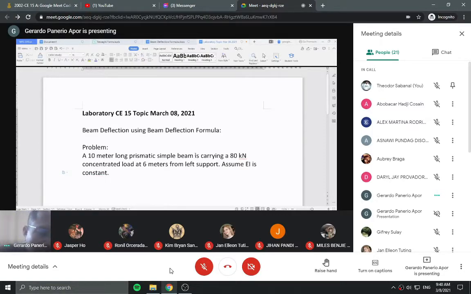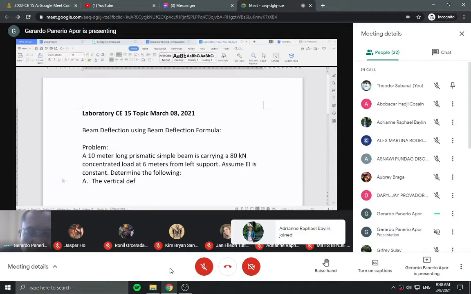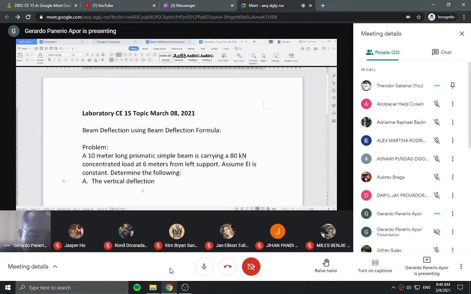Now the problem is to determine the following. A, the vertical deflection at x equals 4 meters.